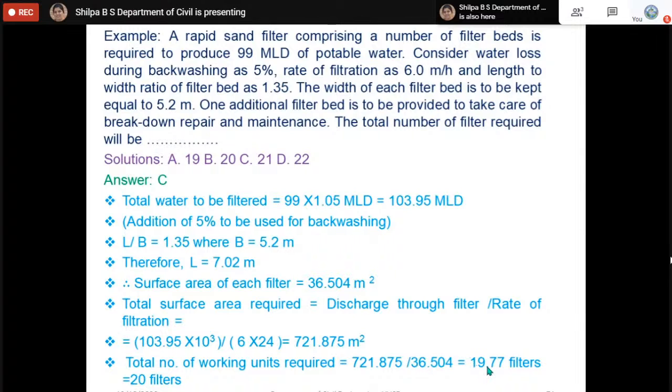So we will get 19.77, which corresponds to around 20. Actually we are going to get around 20 point something, so that is rounded up as 21.